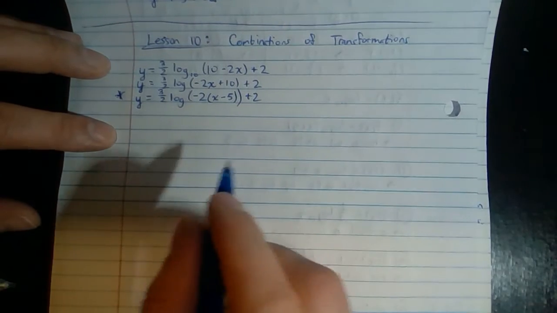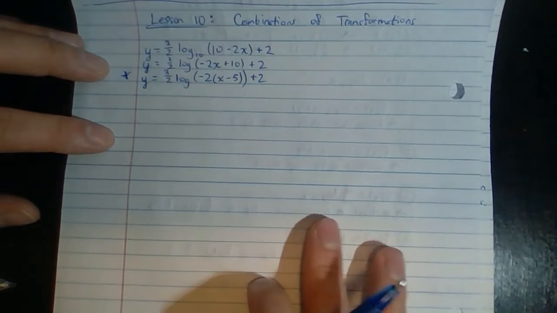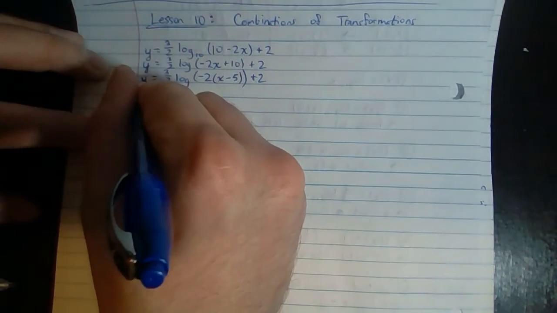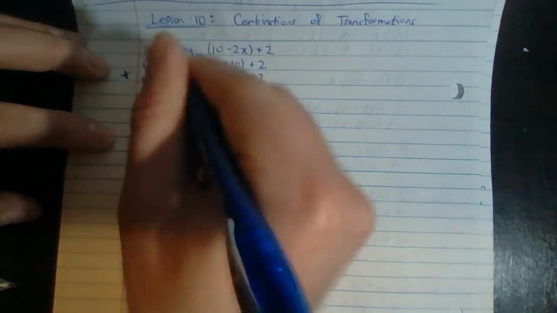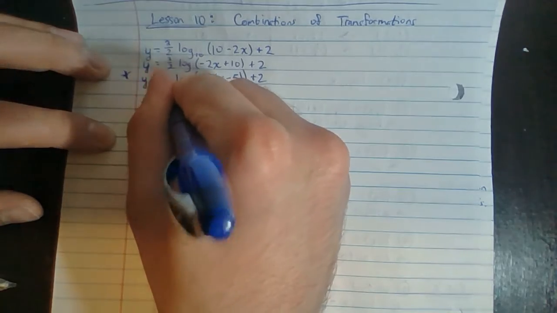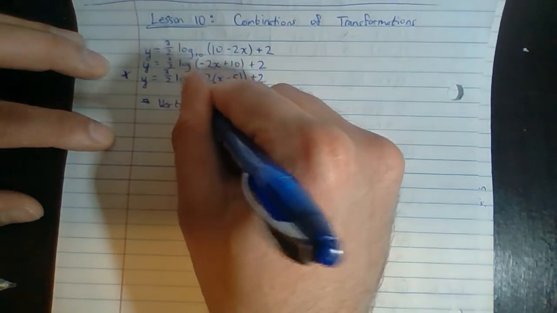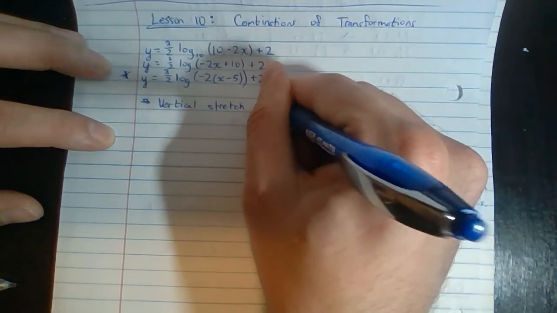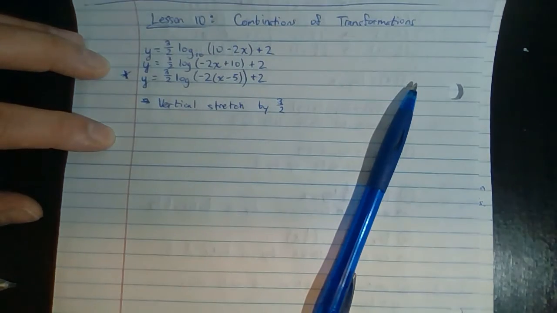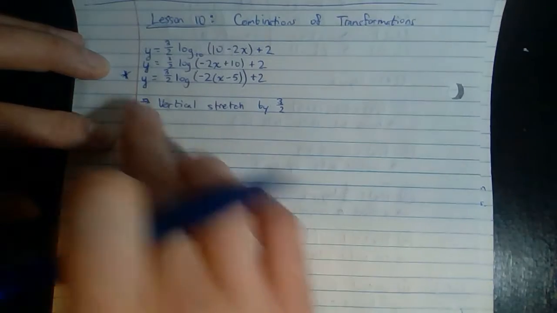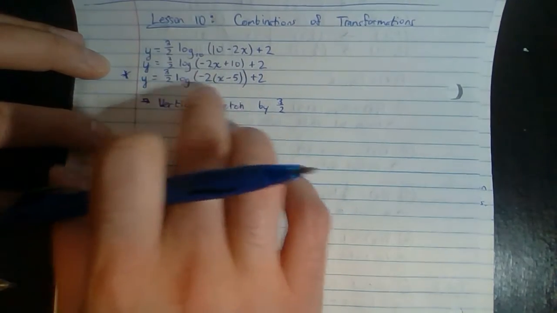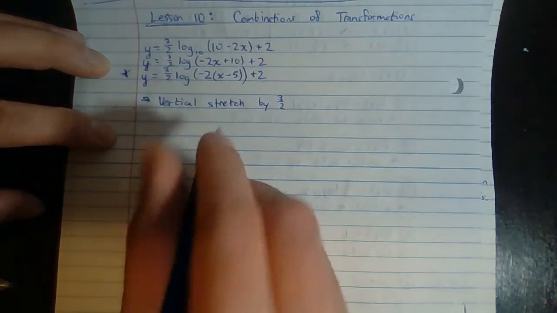We have quite a bit going on here. We have 4 different transformations. We have a vertical stretch by 3 over 2. That number out in front, a number multiplied by the whole base function, the whole logarithm, that's going to be a vertical stretch.